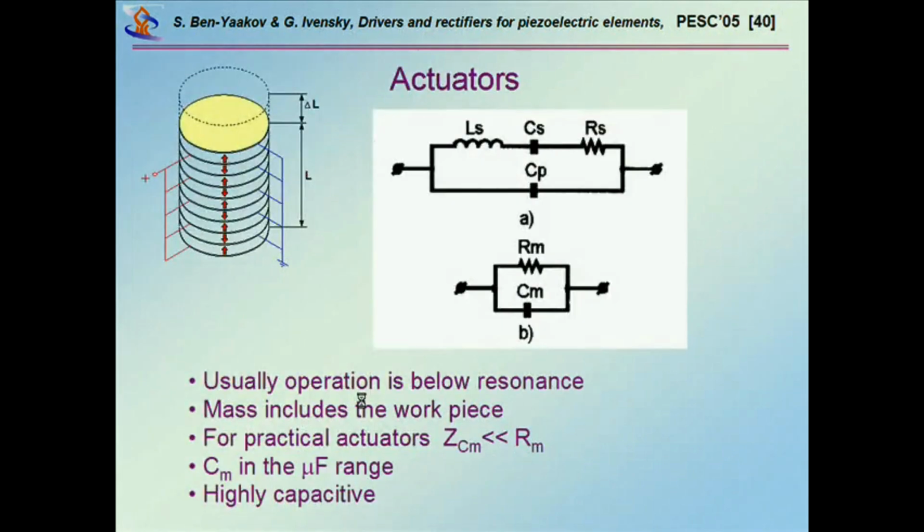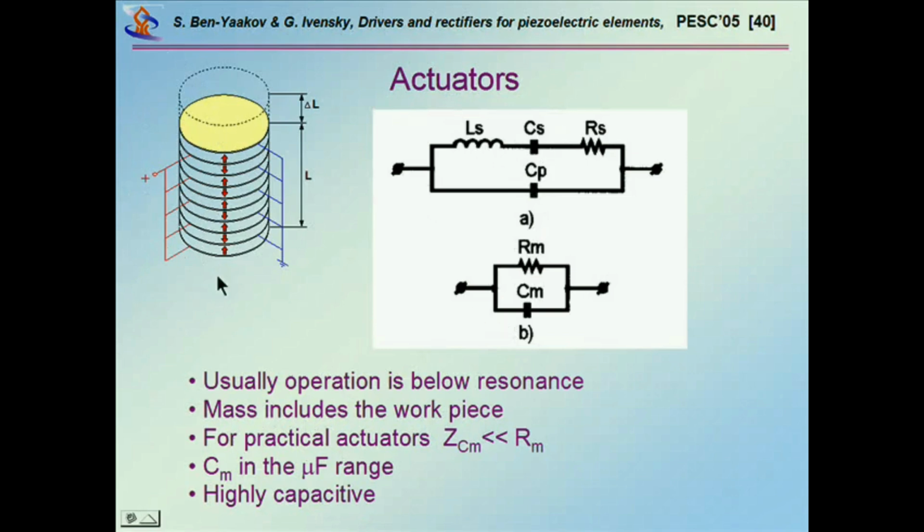Okay. Now, what I'm going to do is go over all the elements we talked about, just to present the model that is normally used in order to handle the electronics around these elements. For example, here we have the actuator. Basically, it's a piezoelectric element that has the electric capacitance and the resonant bridge.